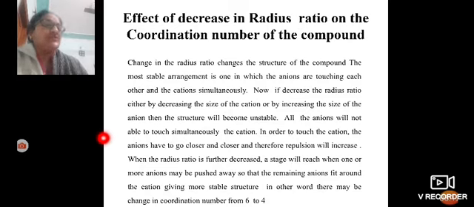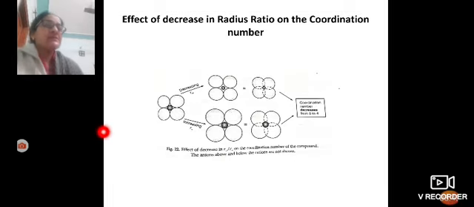When the radius ratio is further decreased, a stage will be reached when one or more anions may be pushed away so that the remaining anions fit around the cation, giving a more stable structure. In other words, there may be a change in coordination number from 6 to 4. This is the effect of decrease in radius ratio on the coordination number.